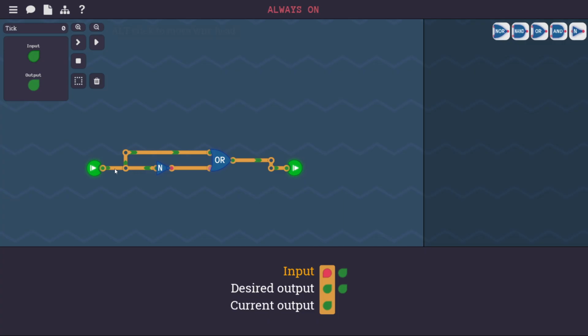If the signal is on, the inverter turns it to off.